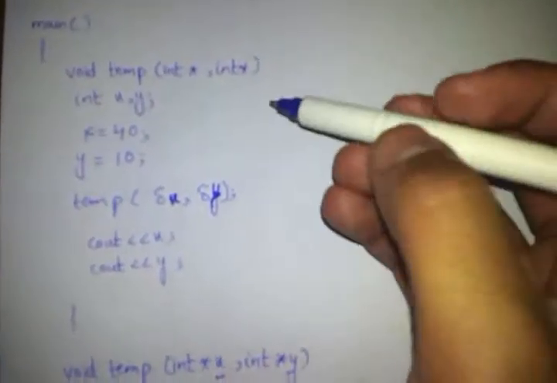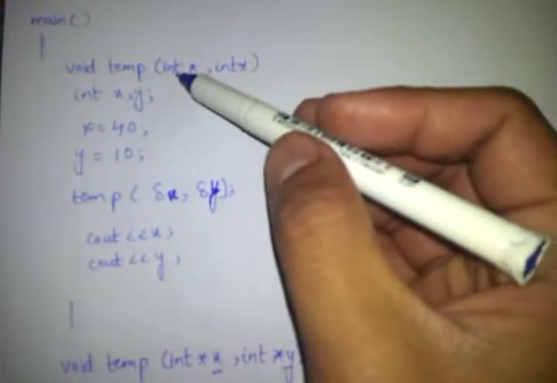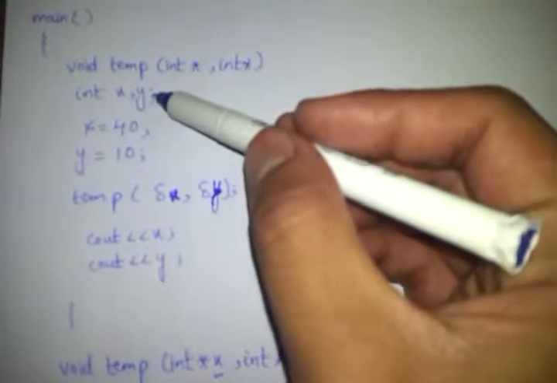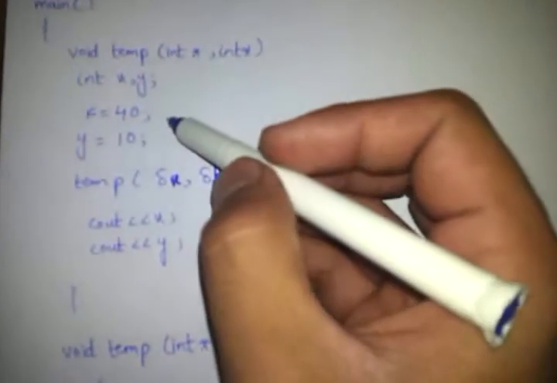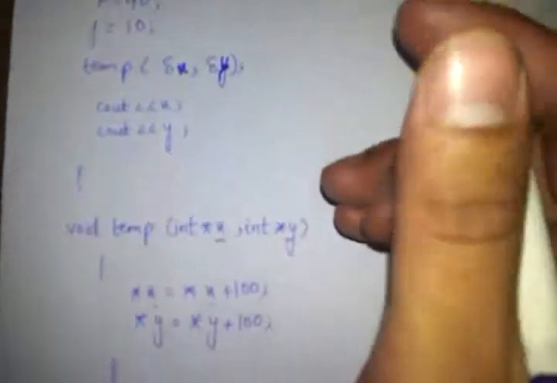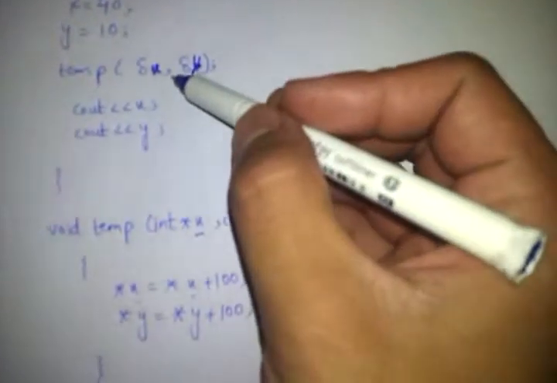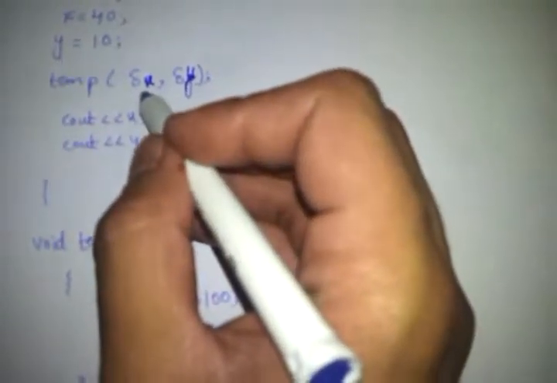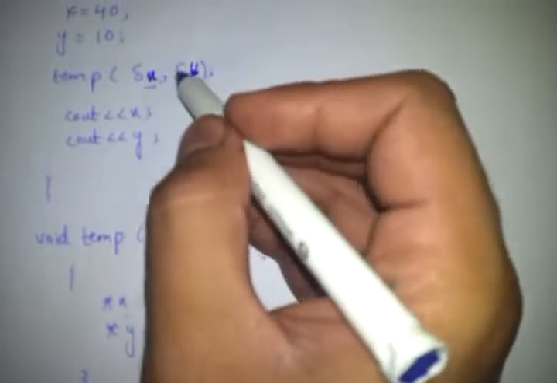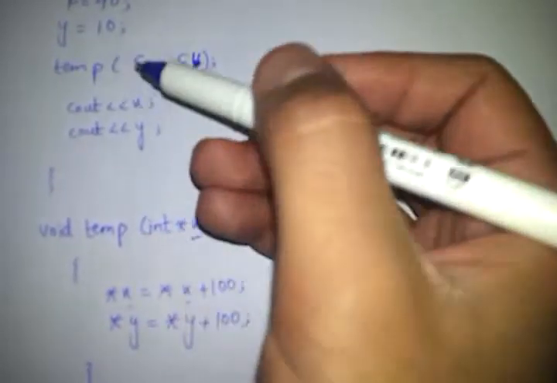So what's happening here? We have defined two variables x and y. We have given them values: x is equal to 40 and y is equal to 10. We have called the temp function, and we have passed to this function the addresses of x and y, which in other words you can say are the pointers to x and y.